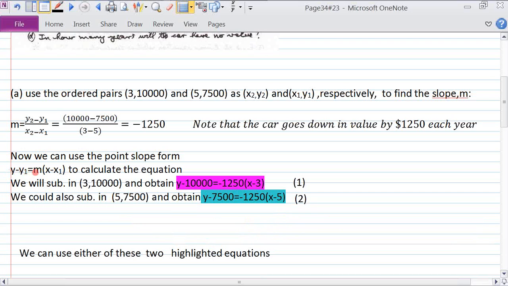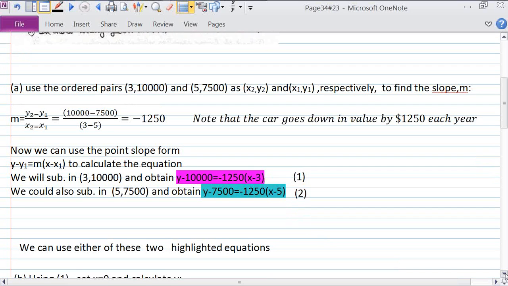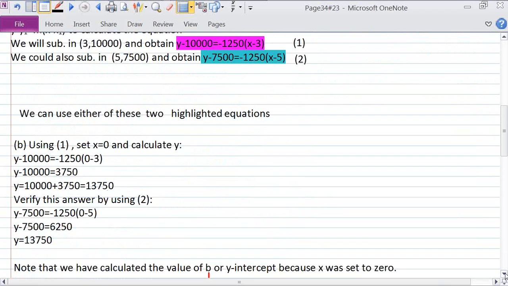So in one of the equations, we put (3, 10,000) as X1, Y1 in the point slope form, and in the second one, we put (5, 7,500), and we come out with these two equations, 1 and 2. These are exactly the same. They should give the same answer, so it doesn't matter which one we use.